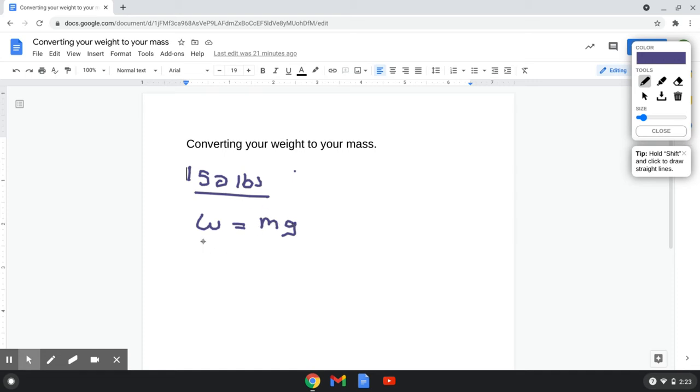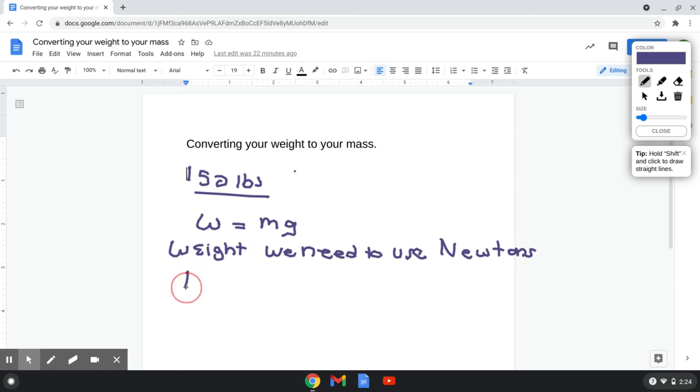With weight, you don't want to use pounds. We need to use newtons. Isaac Newton's, not Fig Newtons.